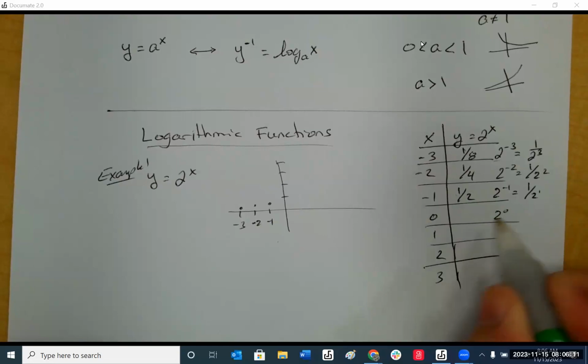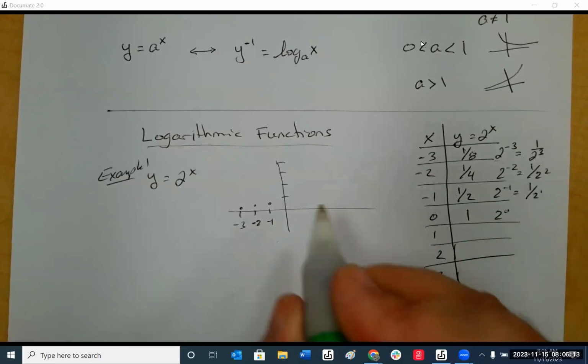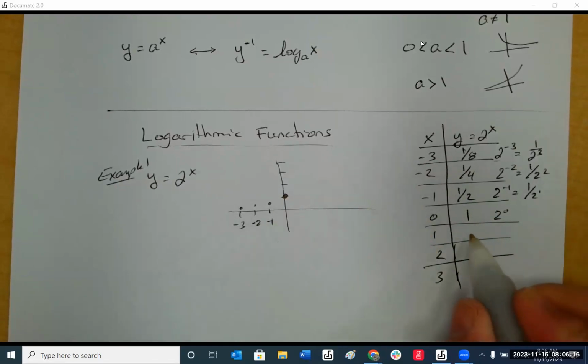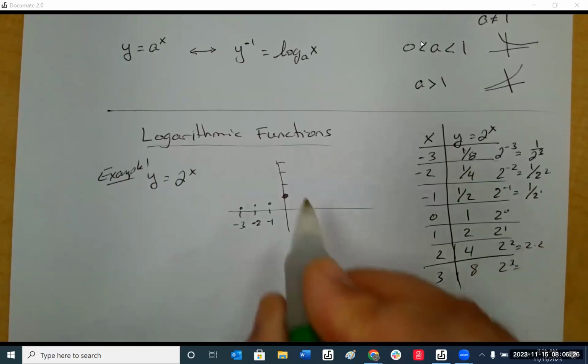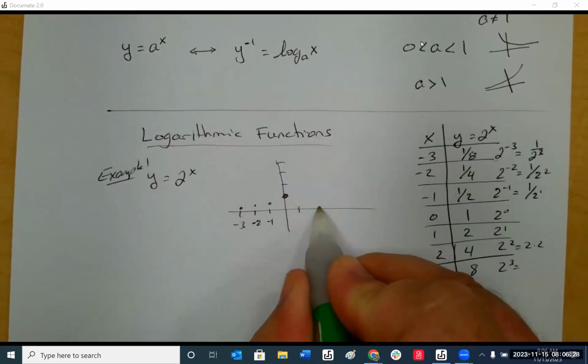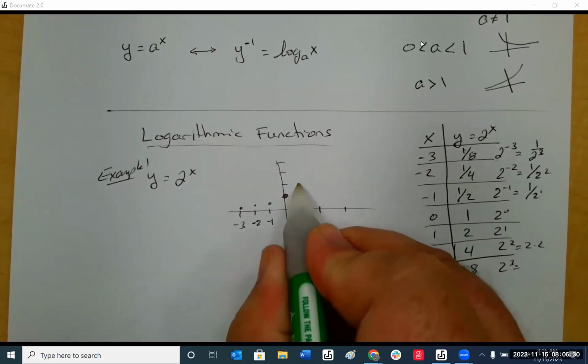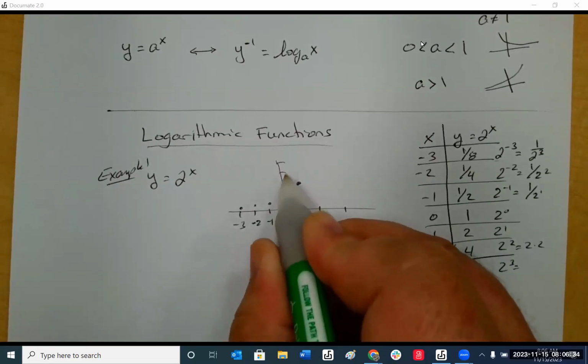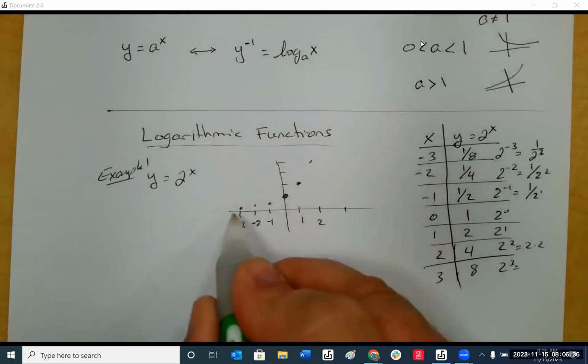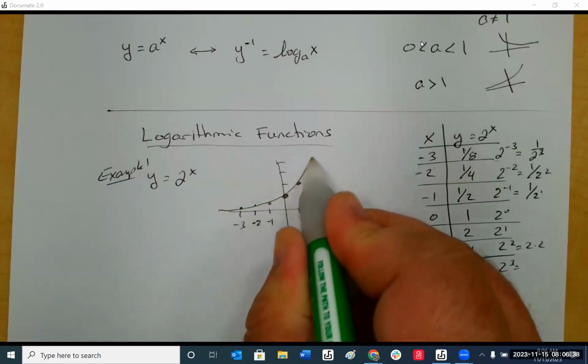Anything to the 0 power is 1. 2 to the first power is 2. 2 to the second power is 2 times 2, which is 4. And 2 to the third power is 8. So the graph looks like this.